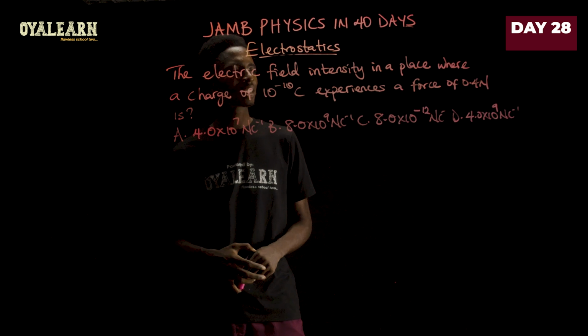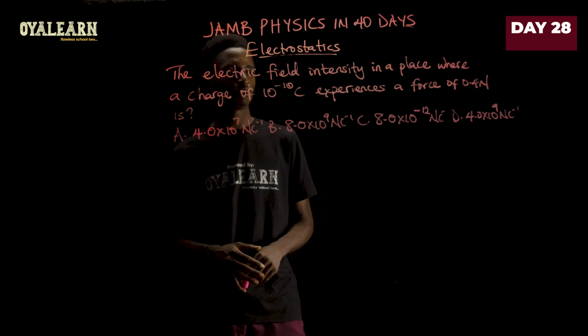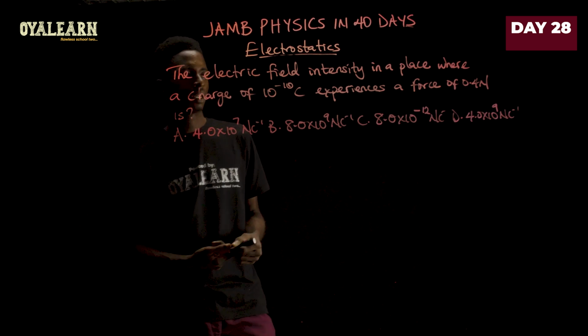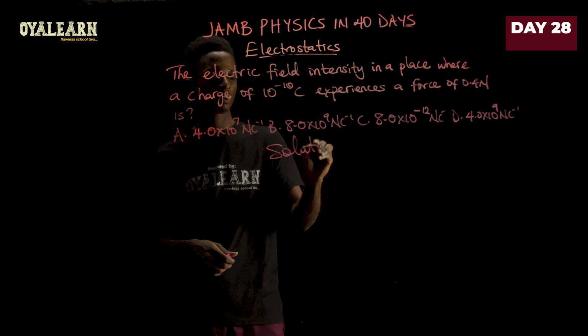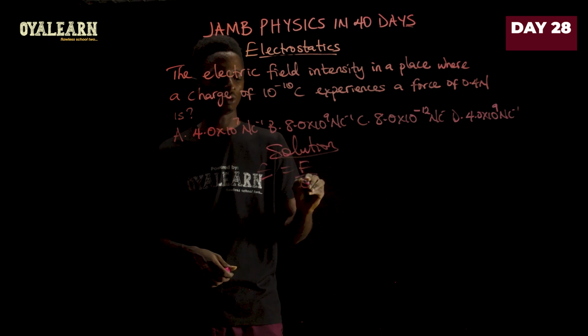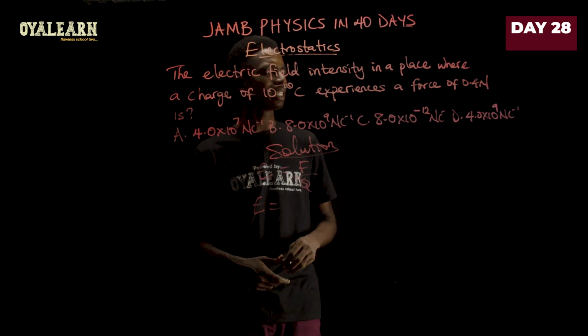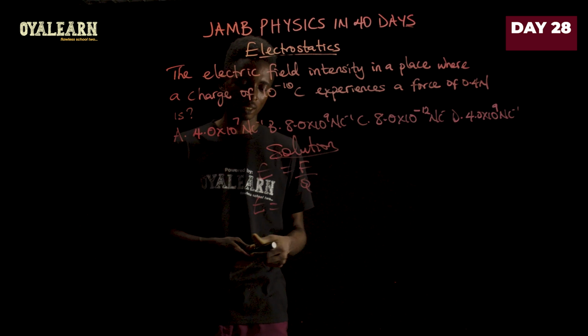The electric field intensity in a place where a charge of 10 to the power of negative 10 coulombs experiences a force of 0.4 Newton is. So we are to find the electric field intensity in this question. E equals F over Q. Applying that, E becomes: the force is 0.4, while the charge is 10 raised to the power minus 10 coulombs.